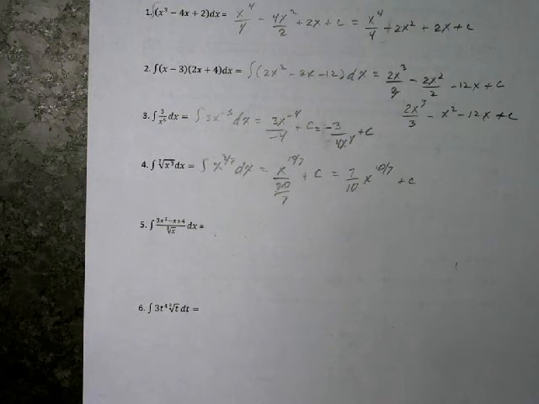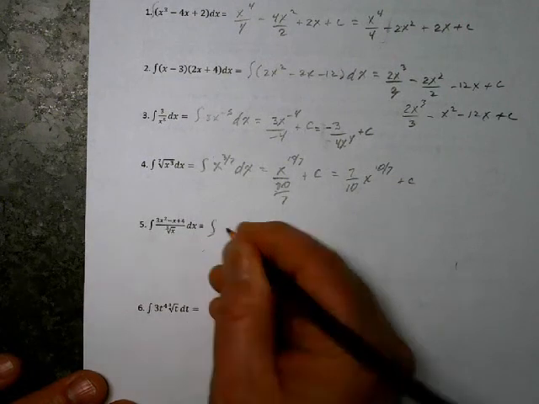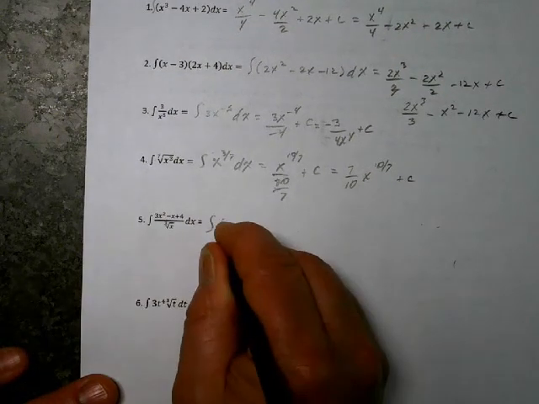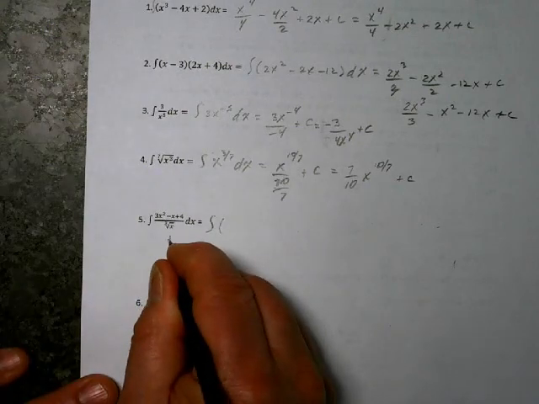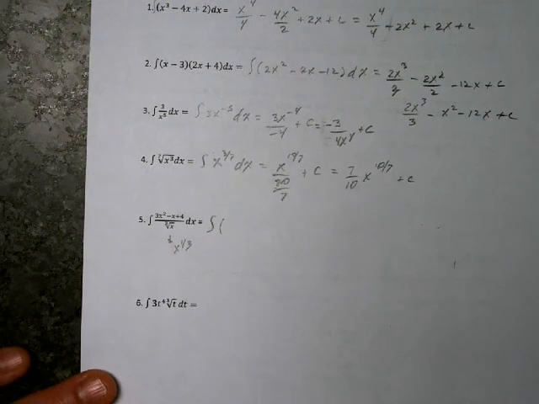On number 5, it's a good idea just to go ahead and divide that denominator into all the numerators. So I'm just going to rewrite this. Now think about this as x to the 1/3, right?